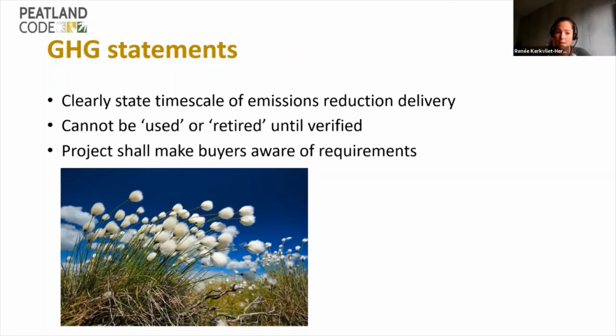That hasn't happened yet. Companies can only use or retire these units after they have been verified. So you cannot make any offset claims on pending issuance units, only on verified carbon units. And projects have to make buyers aware of those requirements.